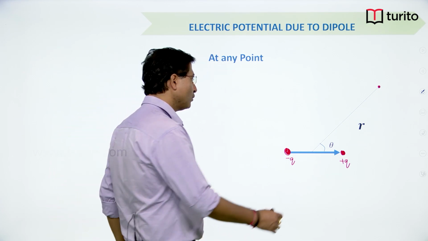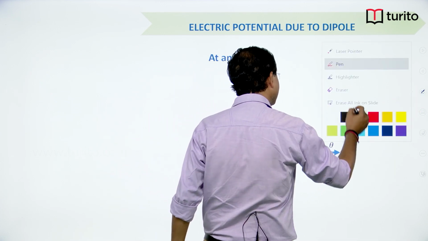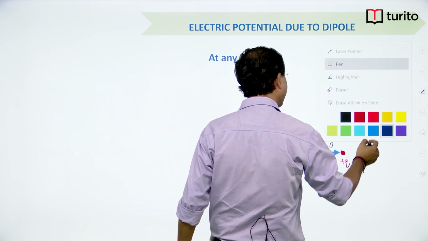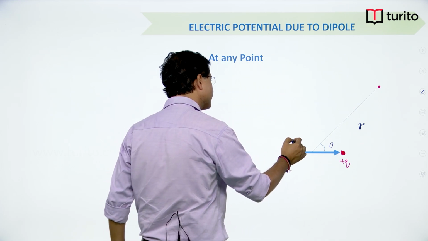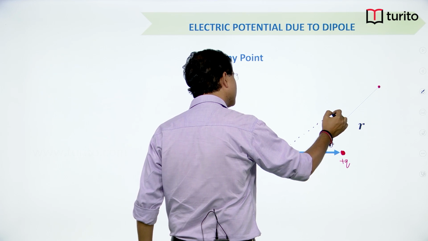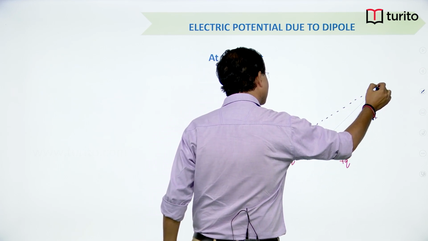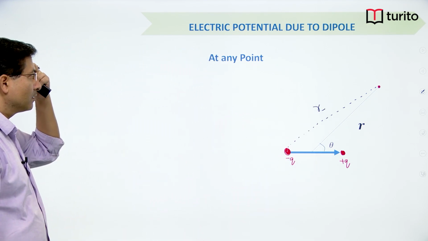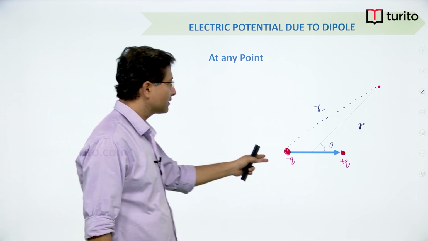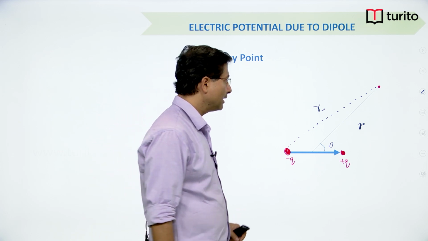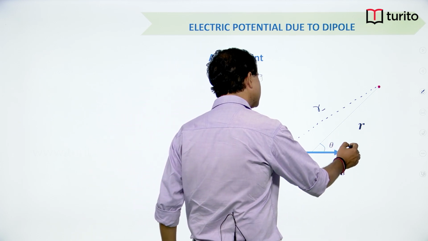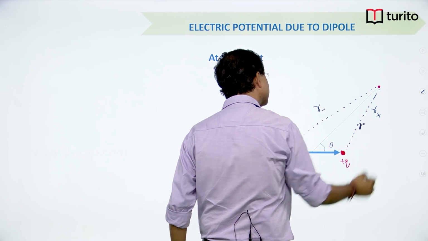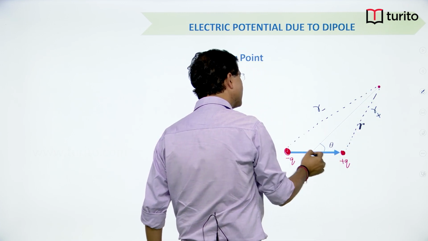So if I assume this distance from the negative charge as r minus, and this distance I call r plus, and this r is the distance from the center of the dipole.